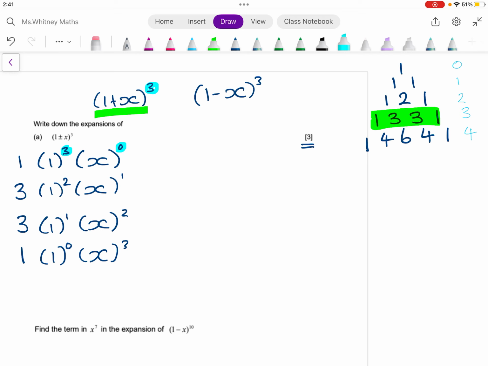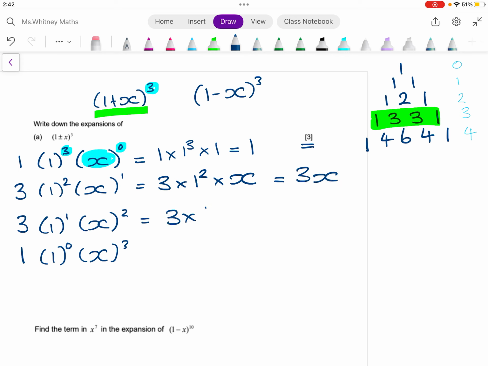Now we can just work them out. So we're going to have 1 times 1 cubed, which is just 1, times x to the 0, which is just 1. Now we're going to have here 3 times 1 squared times x, which is just 3x. We've got 3 times 1 times x squared, which is 3x squared.